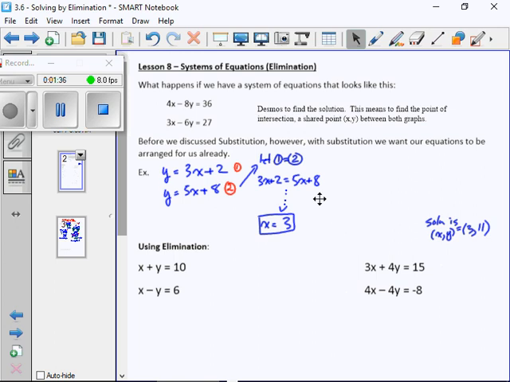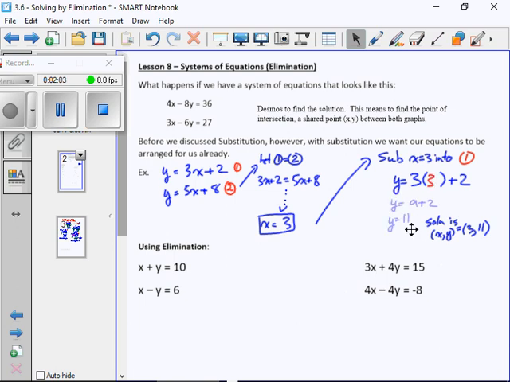Once we found one of the variables, either the x or the y, the most important thing we did was go and substitute back into our original equation. So we have x equals 3, so we'd sub x equals 3 into equation 1. We literally take equation 1 and replace x with a bracket of the number 3.